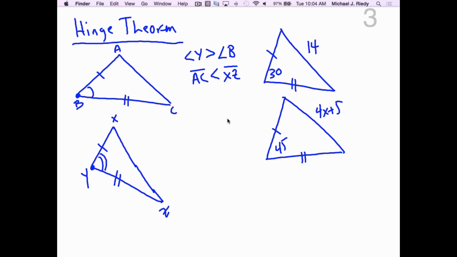For discussion purposes, let's label this triangle DOG, and this one's CAT.